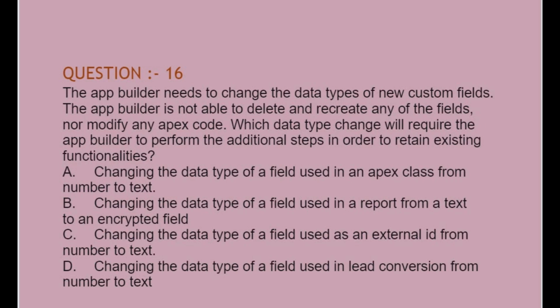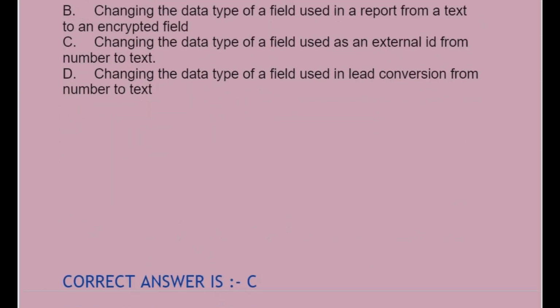Option B, changing the data type of a field used in a report from text to an encrypted field. Option C, changing the data type of a field used as an external ID from number to text. Option D, changing the data type of a field used in lead conversion from number to text. Correct answer is option C.